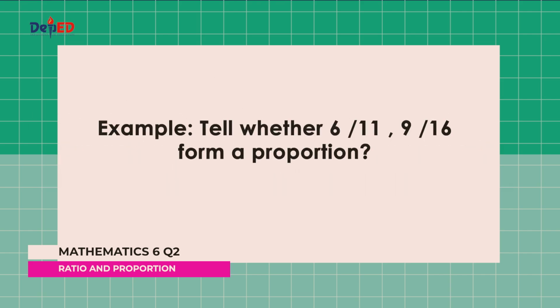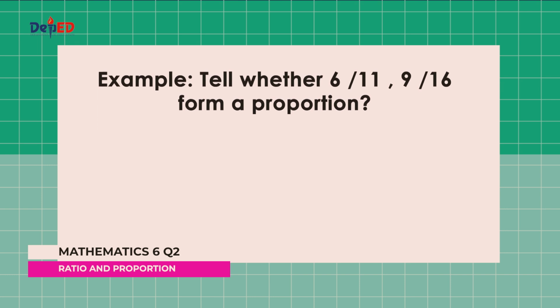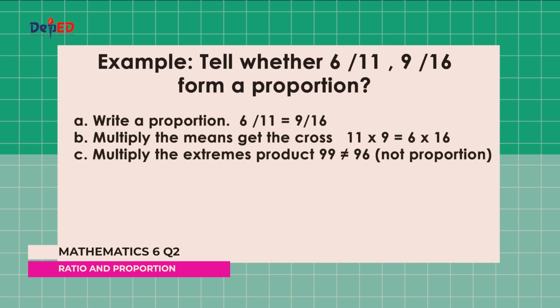Let's have another example. Tell whether 6/11, 9/16 form a proportion. First, we write the proportion. 6/11 equals 9/16. Next, we multiply the means and we multiply the extremes.